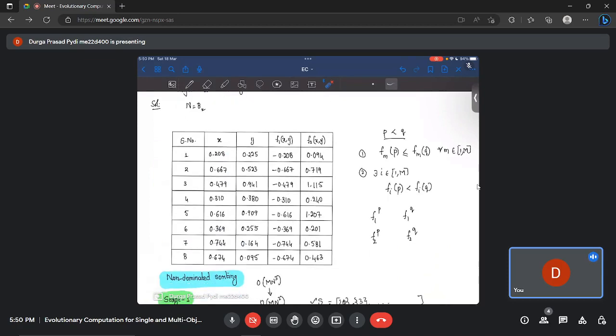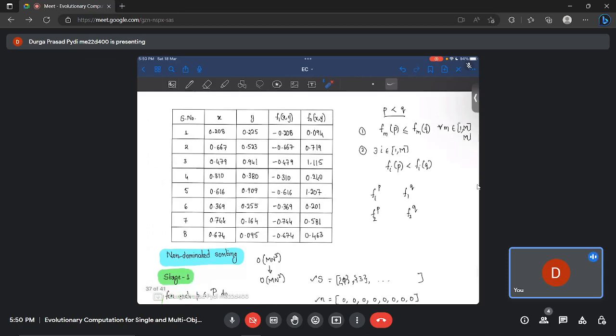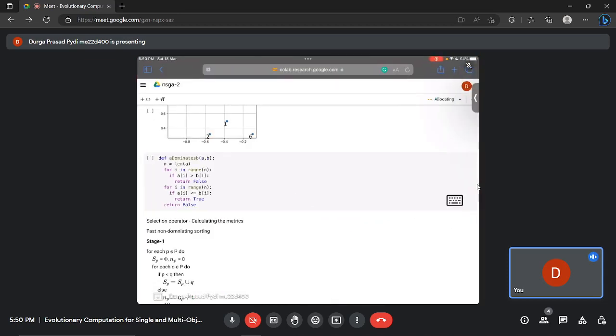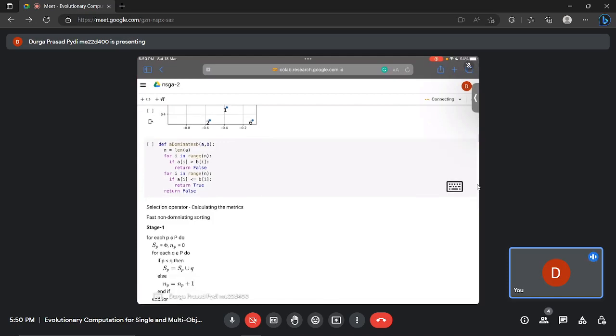For all objective function values of each individual, one should be less than or equal to the other, and there should be at least one function where it is strictly less than the other. I've written the same conditions here, slightly rearranged. Instead of saying less than or equal to, I put a condition saying it is greater than b of i. If it so happens that a of i is greater than b for any one of the solutions, then a is not dominating b.